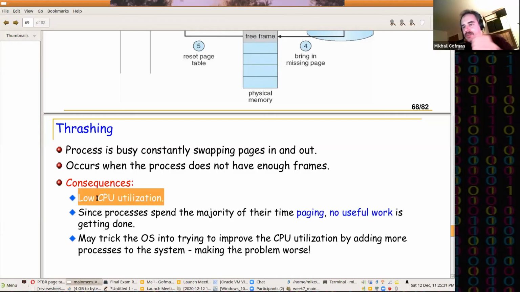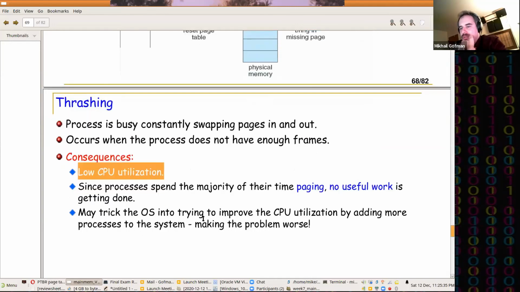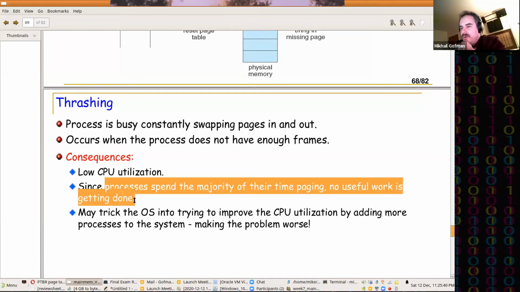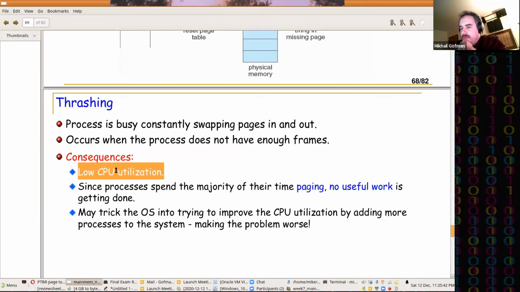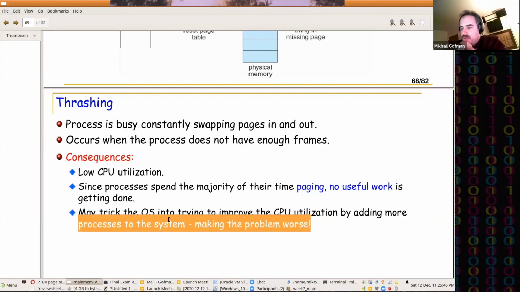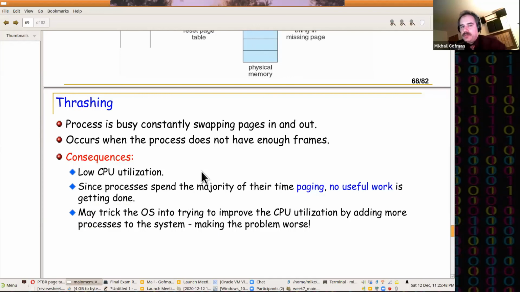And thrashing results in a low CPU utilization because the process spends most of its time paging, and paging is I/O. The CPU is not really being used much, and sometimes this can trick the scheduler into making things worse, because the scheduler can say, oh, the CPU utilization is low. Well, how do we deal with that? Well, we can bring in more processes to better utilize the CPU.